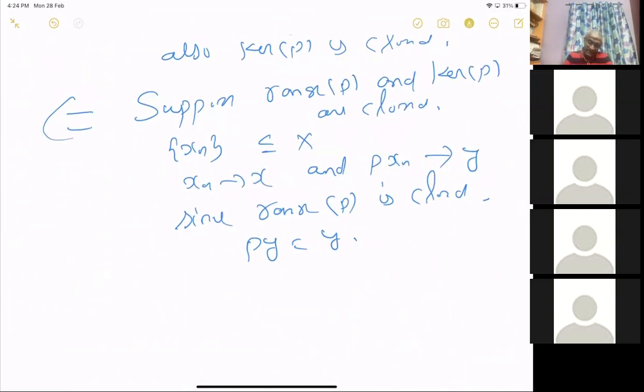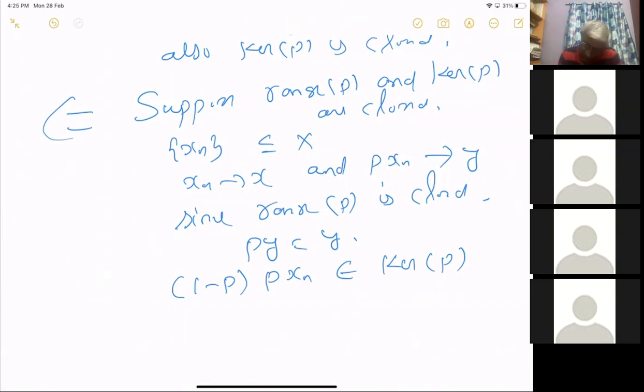On the other hand, I minus P of xn equals 0, which is in the kernel of P, right?